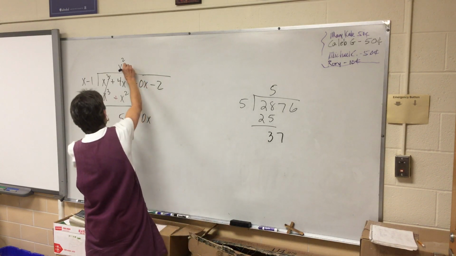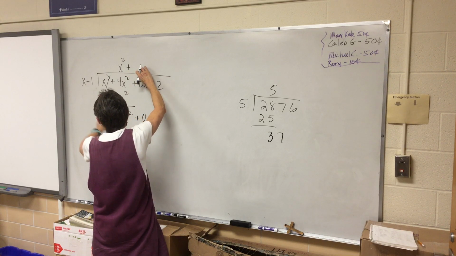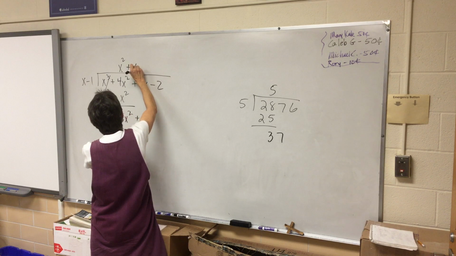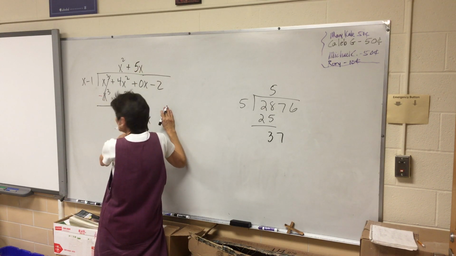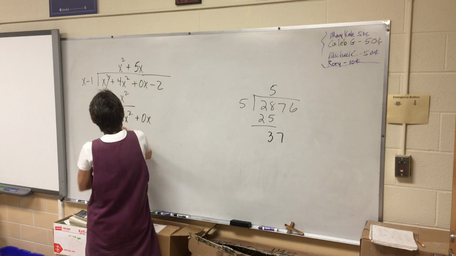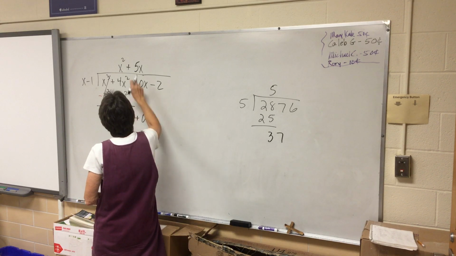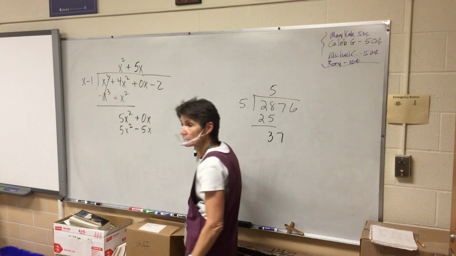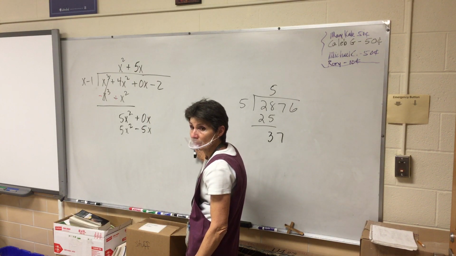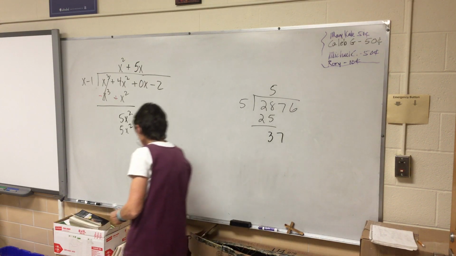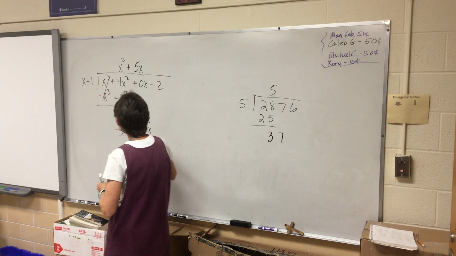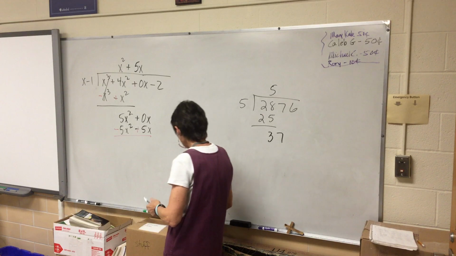What are you going to put up here on top so that when you multiply it times x, you'll get 5x squared? 5x. Perfect. Because 5x times x is 5x squared. And 5x times -1 is negative 5x. Now we subtract, which means both things change, both signs change when you subtract.